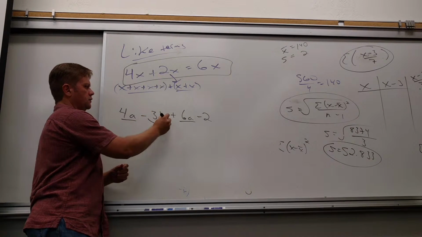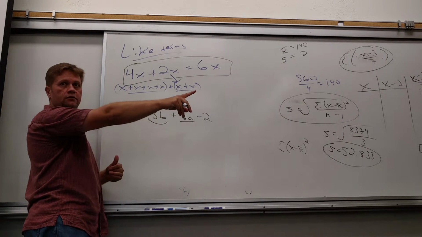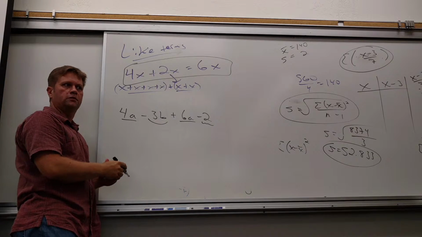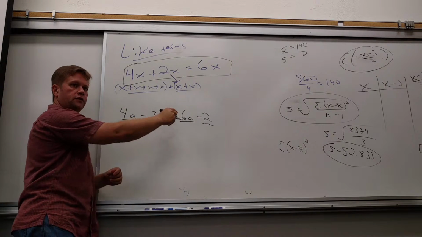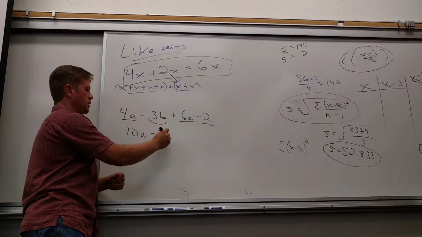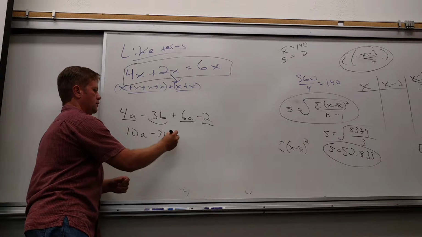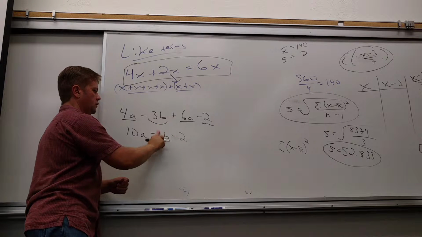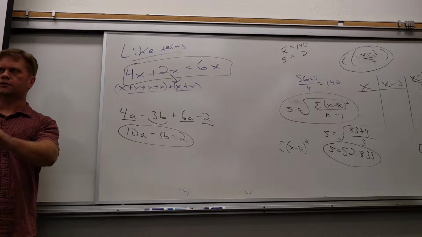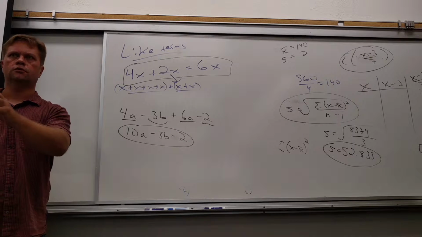I got negative 3 b's. Do I have any more b's? No. And then what about numbers? Do I have any more numbers? No. So 4a and 6a, of course, is 10a. And then this guy's by himself, and this guy's by himself. There you go. All right, I like it. So that's the basics of like terms.